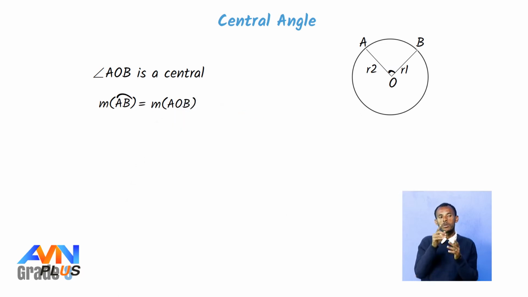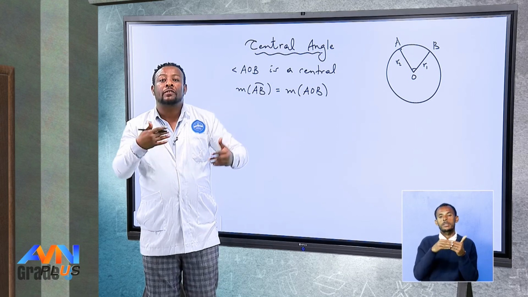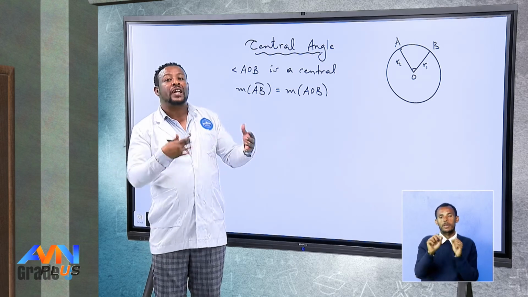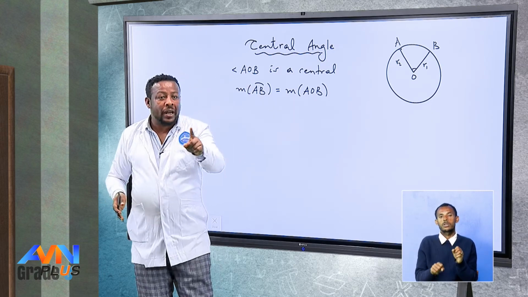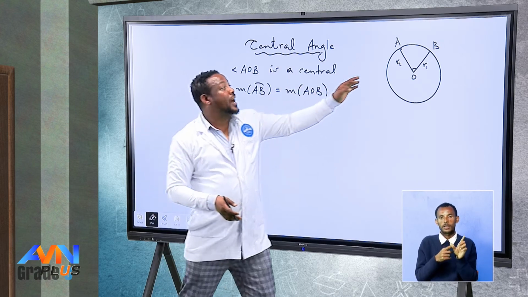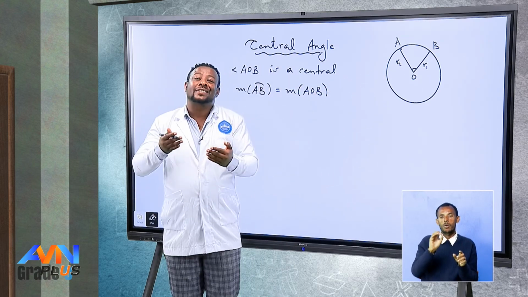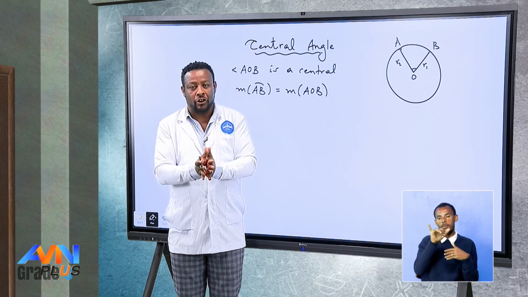You need to remember this principle whenever we are solving questions related to central angle, okay? So keep in your mind that the central angle AOB and the arc that subtends it have the same degree measure, right?